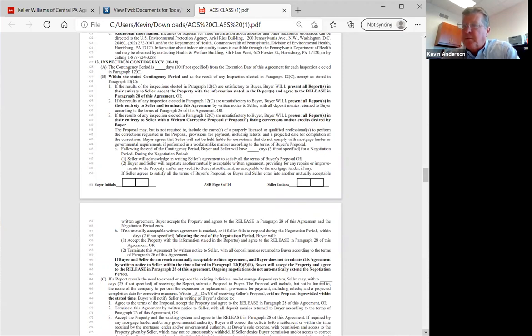But just know that. It says that on page 2: for any timeline in this agreement of sale, we consider the execution date, not the date that it's signed, but the following day.